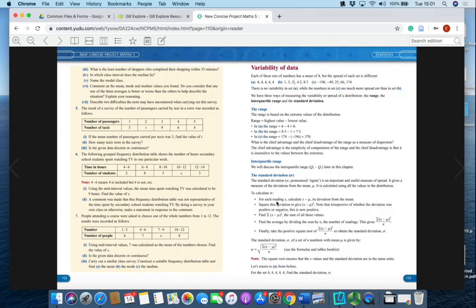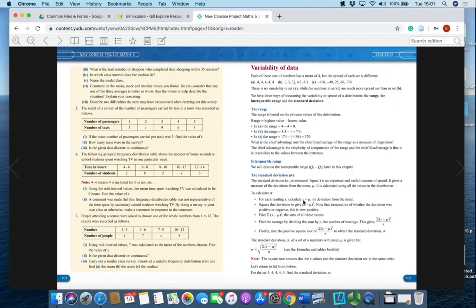It's quite a long calculation, so the formula is down here. For each reading x, you calculate x minus mu. In other words, you see how far each reading is from the mean. Because these values could be plus or minus depending on whether they're to the left or the right of the mean, you may get a minus answer. We don't want the minus and the plus deviations to cancel each other, so we square all of the deviations, because when you square a number it becomes positive.